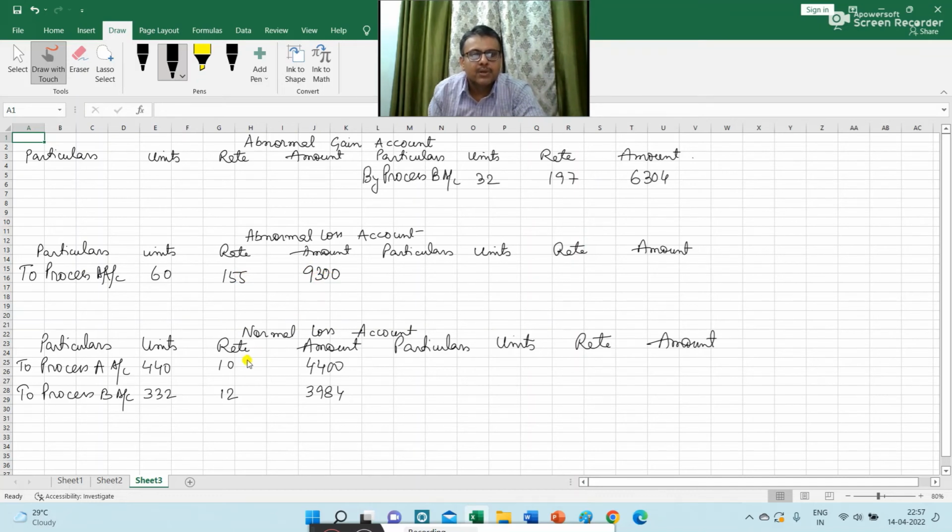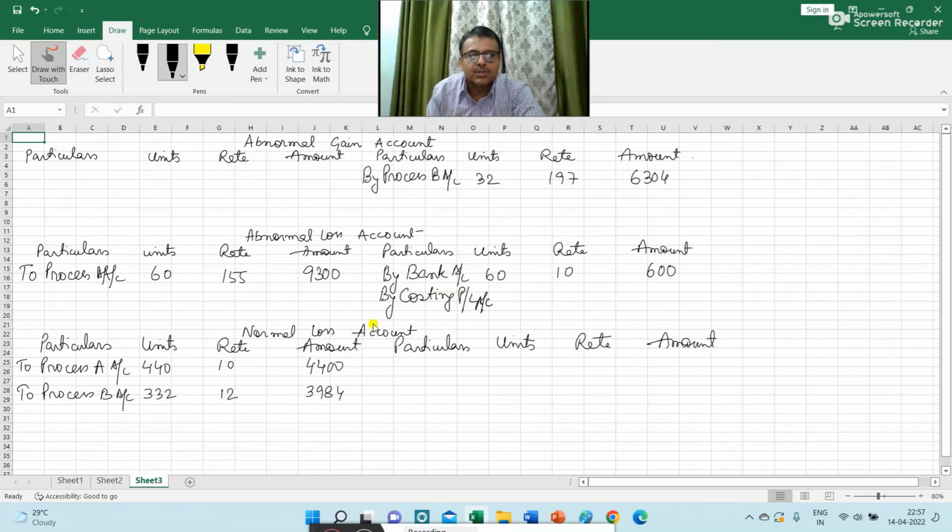So first of all, I am going to close this abnormal loss account. So this 60 units will be sold as a scrap, and per unit value of the scrap is 10. So 600 rupees will be realized by selling this 60 units as scrap. So the balancing figure will represent or will be transferred to costing profit and loss account.